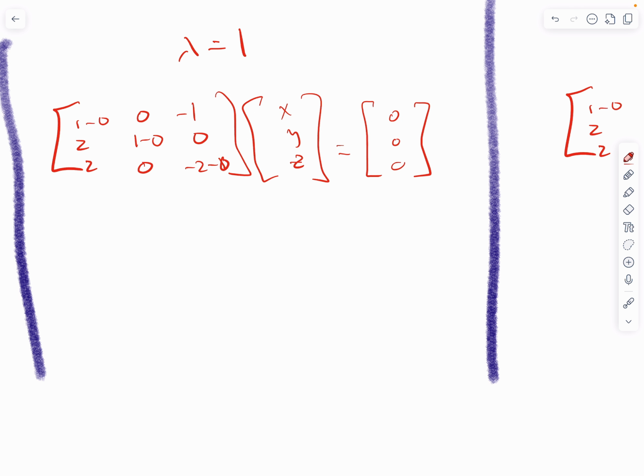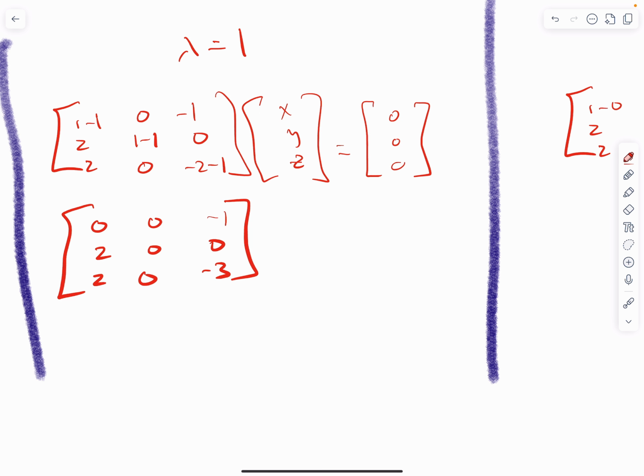Hopefully these will go quicker. In this case, we're going to get rid of the 0 and put a 1 in there. And so this matrix becomes 0, 0, -1, 2, 0, 0, 2, 0, -3. Column of zeros. Okay, so let's see. So y is the free variable. But we've got to figure out what x and z are. So I'm going to subtract row 2 from row 3.